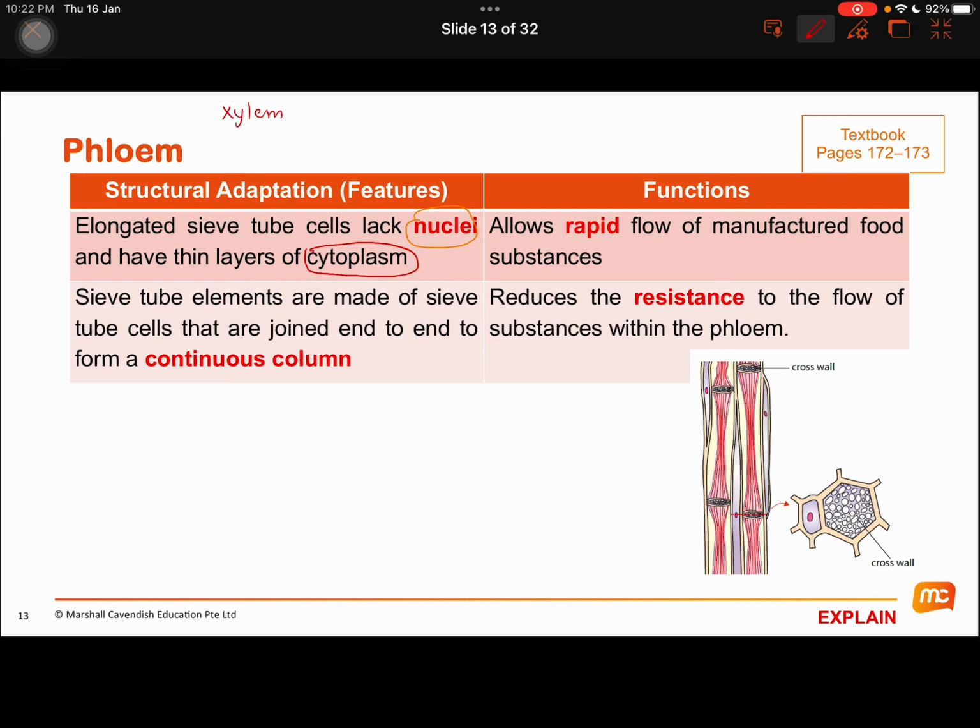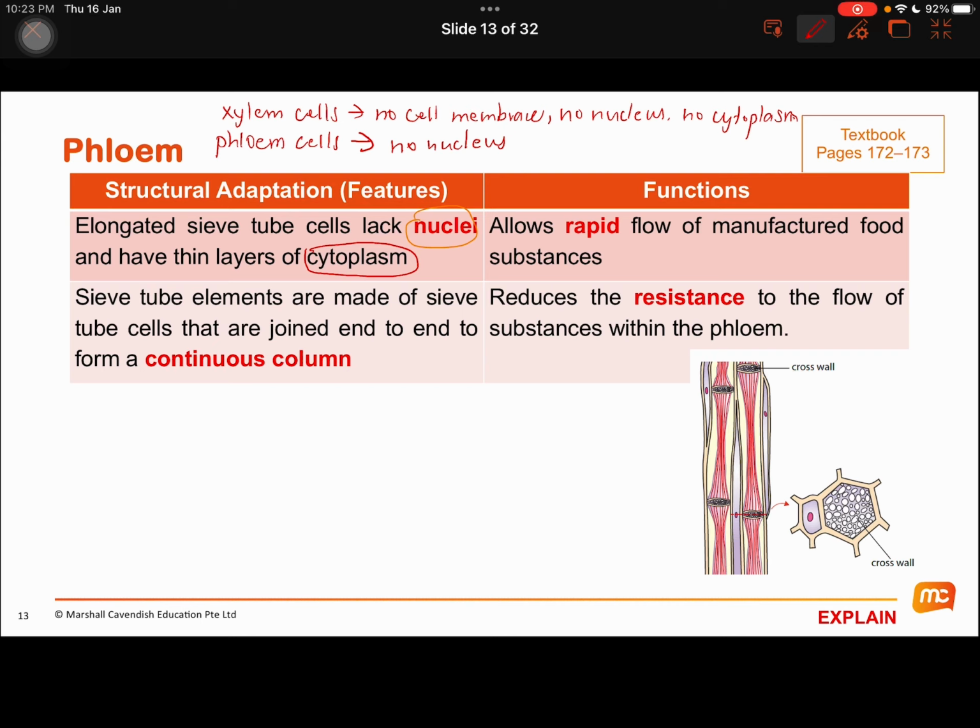Xylem cells: no cell membrane, no nucleus, no cytoplasm. But for phloem cells, which are the sieve tube elements, no nucleus, but it still has a bit of cytoplasm.